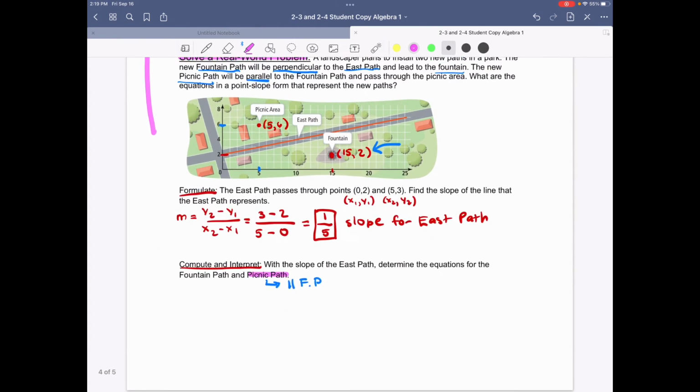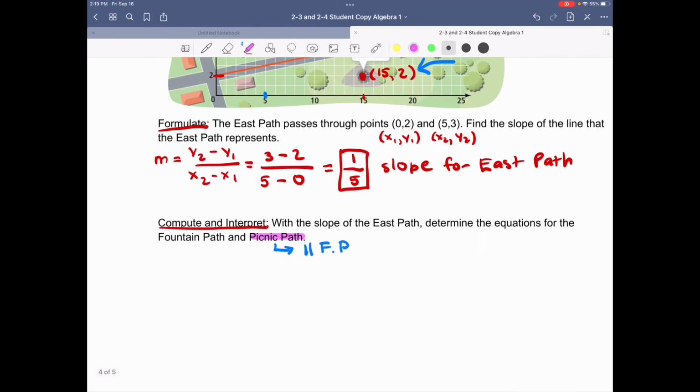Okay. So for the picnic path, it needs to be parallel to the fountain path. And remember that the fountain path, our equation was y equals minus 5x plus 77.